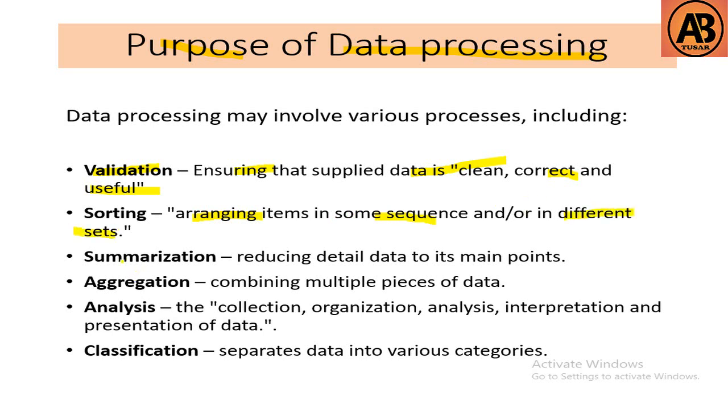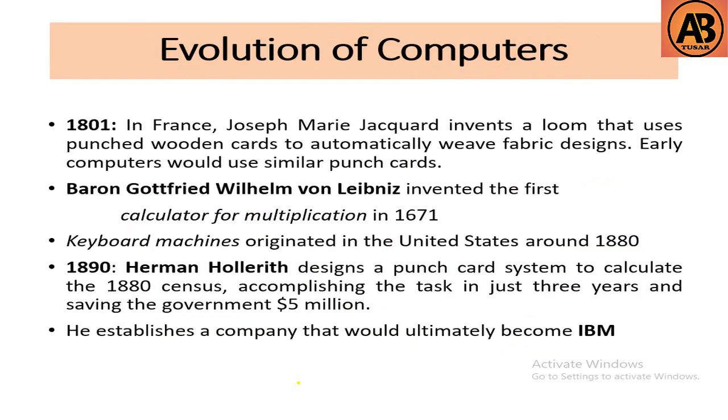Then summarization. Summarization means reducing detailed data to its main points. Then aggregation, combining multiple pieces of data. Then analysis, the collection, organization, analysis, interpretation, and presentation of data. Then classification. Classification separates data into various categories. So these are the purposes of data processing.